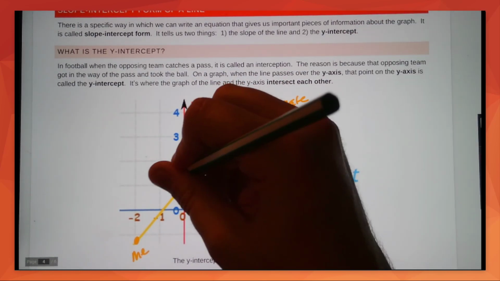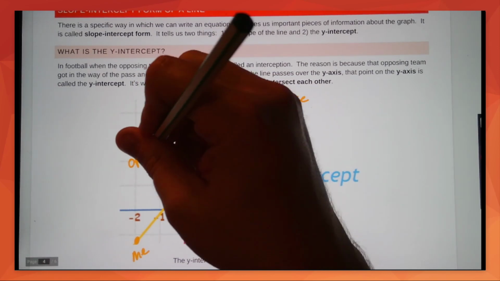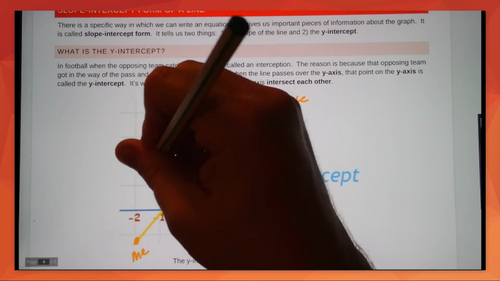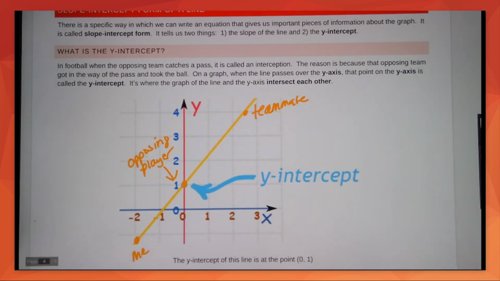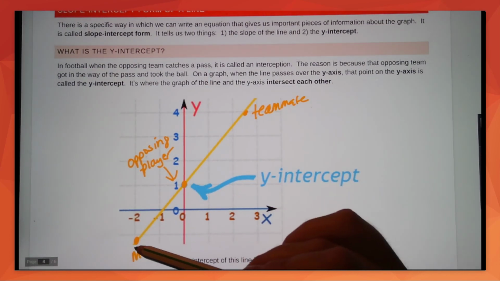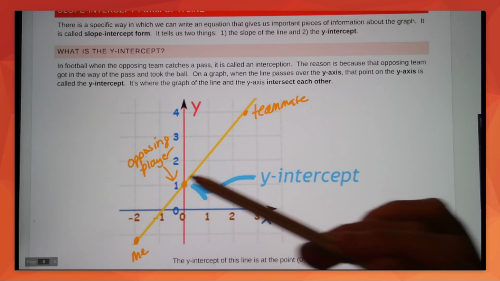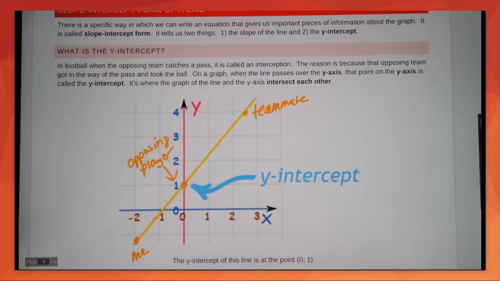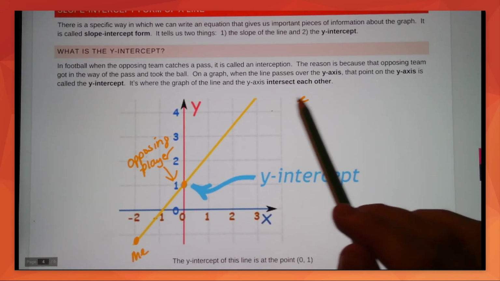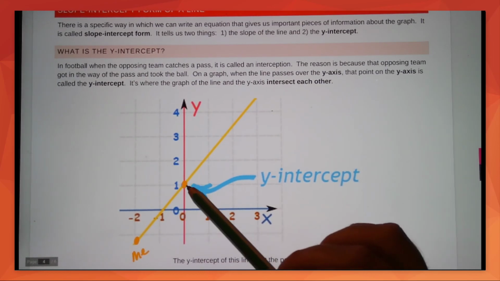This dude right here is the opposing player. He's on the other team. And I'm trying to throw the ball across to my teammate here, and this dude is in the way. He intercepts the ball from me, okay?